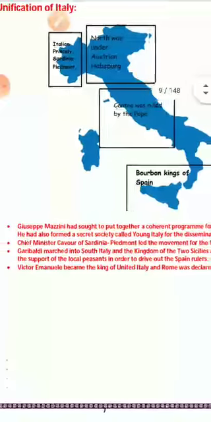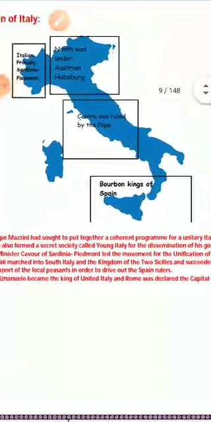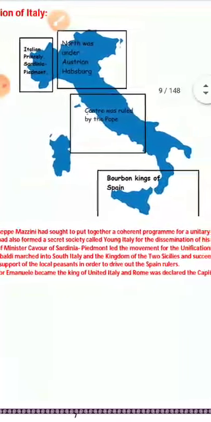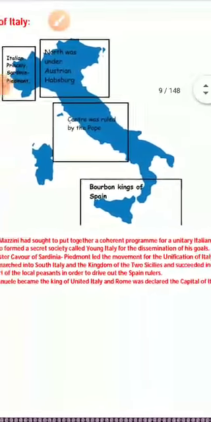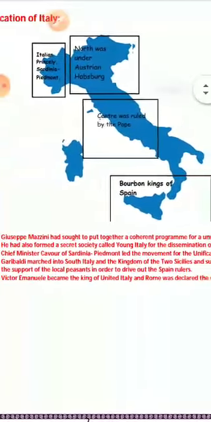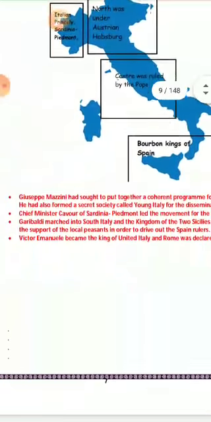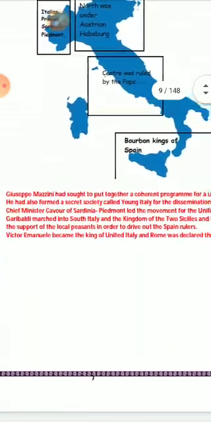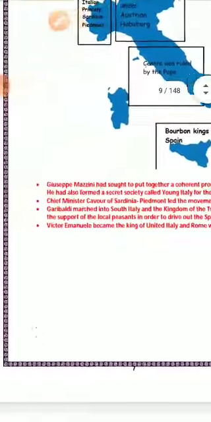Second point, Chief Minister Cavour of Sardinia-Piedmont led the movement for the unification of Italy. Third point, Garibaldi marched into South Italy and the Kingdom of the Two Sicilies and succeeded in winning the support of the local peasants in order to drive out the Spanish rulers. Fourth point, Victor Emmanuel became the king of United Italy and Rome was declared the capital of Italy. These 4 points should be there in your answer.